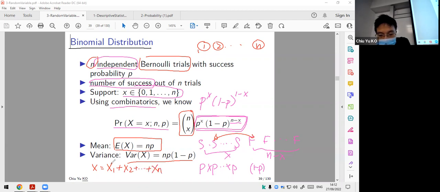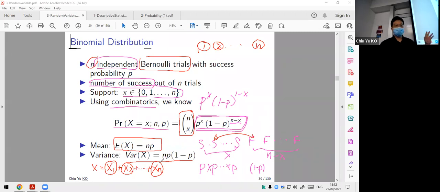Each one is exactly a Bernoulli trial, so X is just the sum of n such trials. You remember from the last slide, each has mean P.